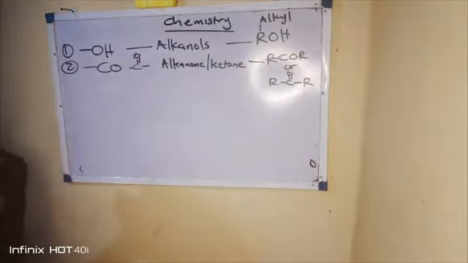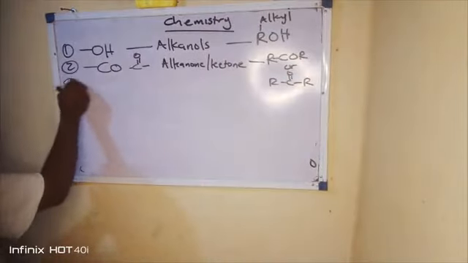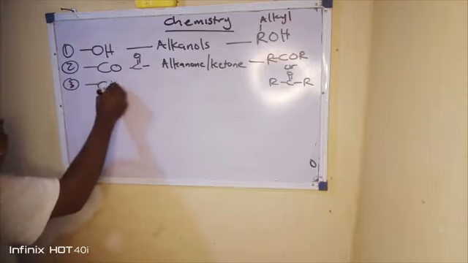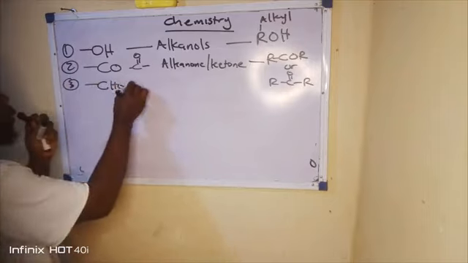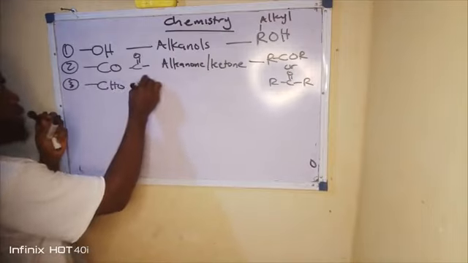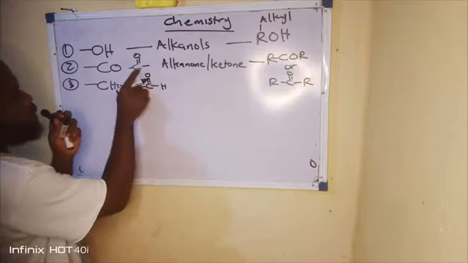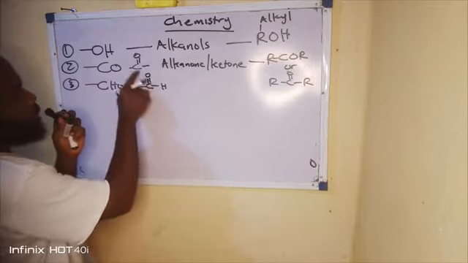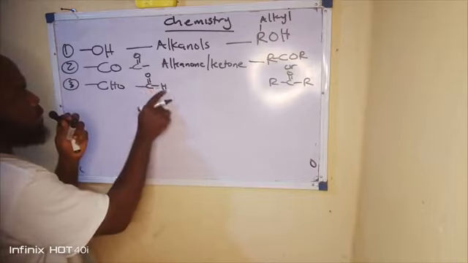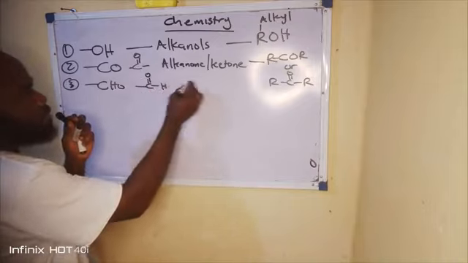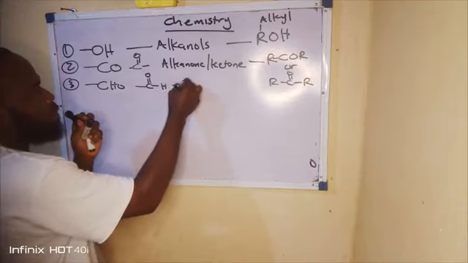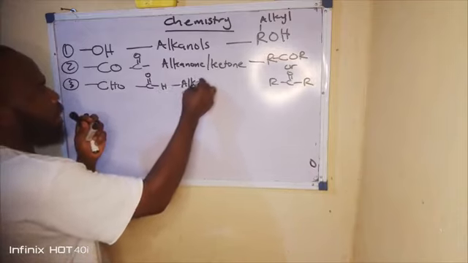Now we also have another compound, which is the aldehyde, which is CHO. Now this CHO is represented as C double bond O H. You can see the difference between this and this is that both of them have the carbonyl group, but in this aldehyde it has an extra hydrogen attached, and compounds that have this are known as alkanals.